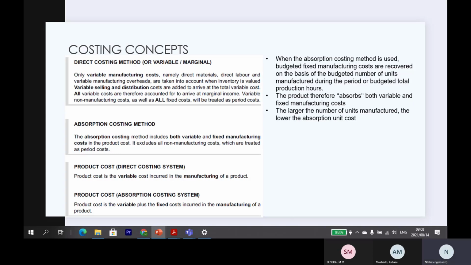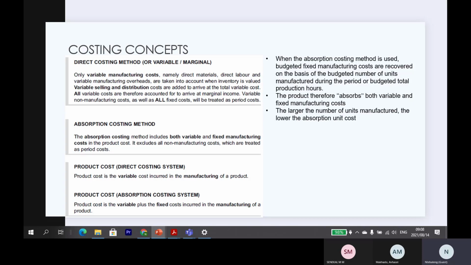That's your direct costing method and what it considers. It takes your sales, then you less all your variable costs, you get your marginal income, and thereafter you look at your fixed cost and also your variable non-manufacturing cost. And that's how you get to your net profit. Okay, cool.